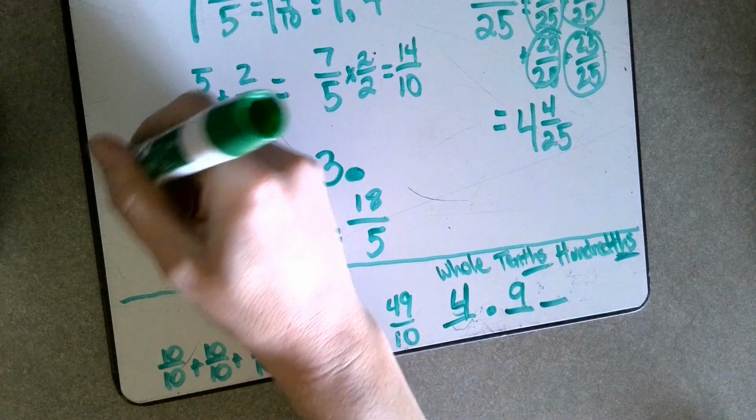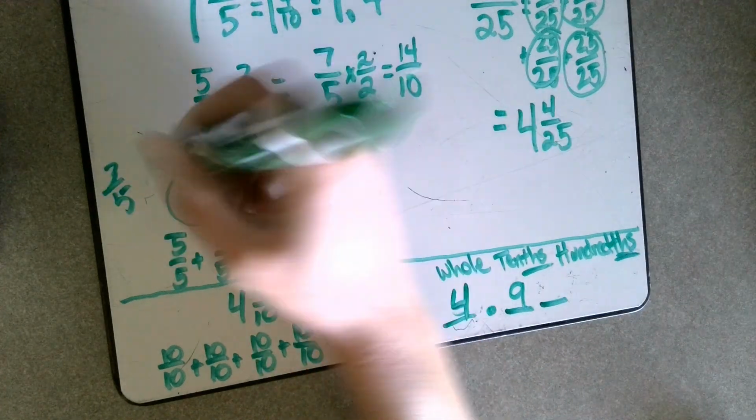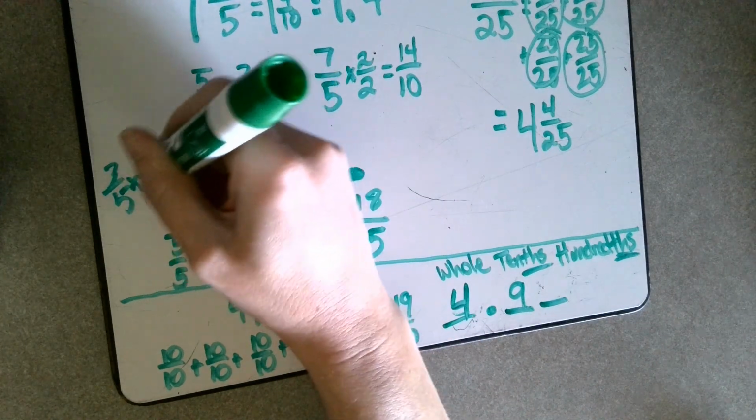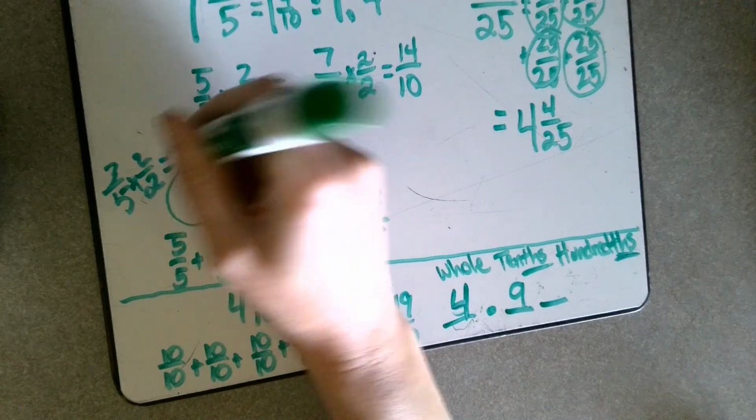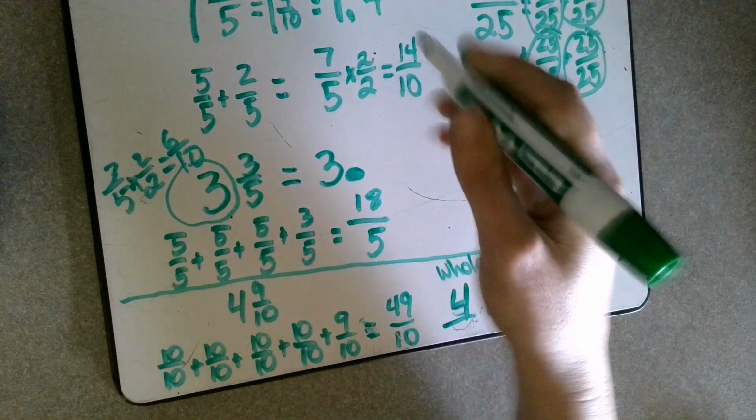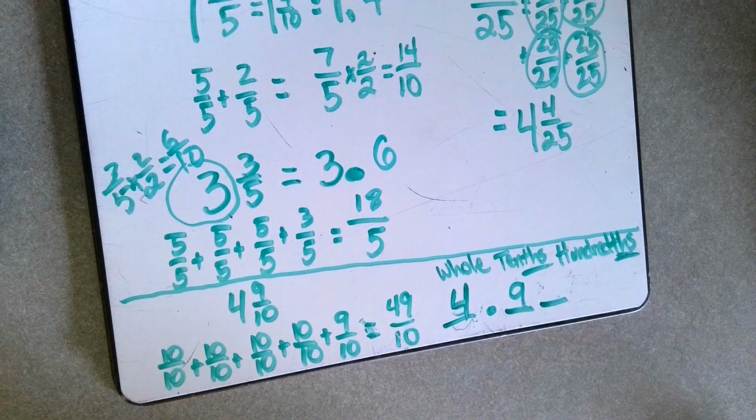By thinking about 3/5 times 2/2 is equal to 6/10. So there's my 3 6/10 right there.